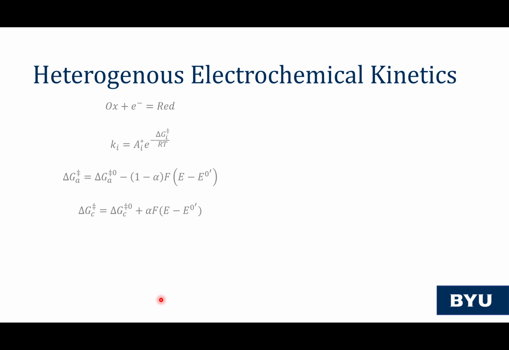For an anodic species, there's some reference state. There's this term with the transfer coefficient. We're going to multiply that by Faraday's constant, and then multiply that by the difference between the potential and the formal potential. Now you'll notice that this is for one electron reactions, and that there's a slight difference between the anodic term and the cathodic term.